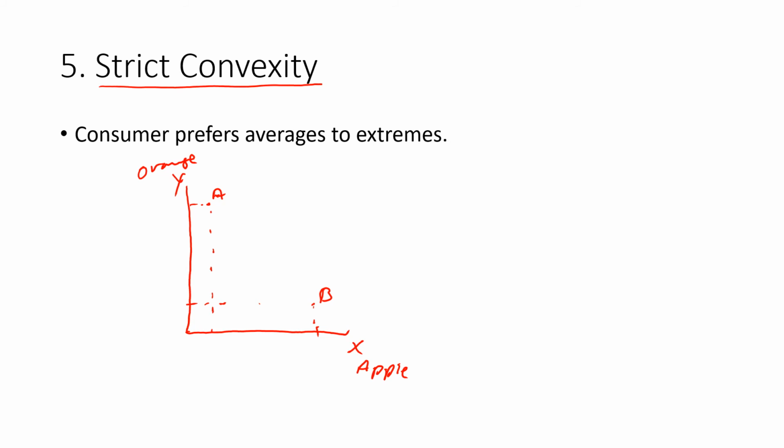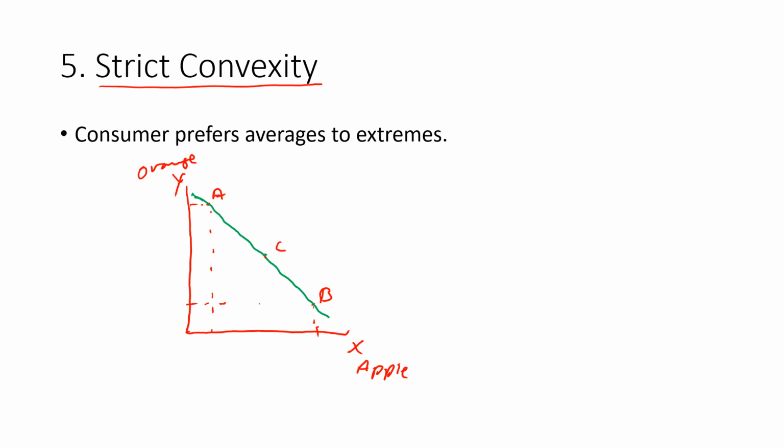these two are the extremes. Bundle A and bundle B are extremes, and there is another bundle, bundle C, that is an average. Let me combine both A and B. Let's say this is a straight line joining both A and B, and then we have another bundle, bundle C, on this straight line.